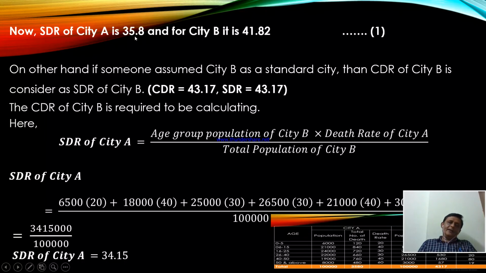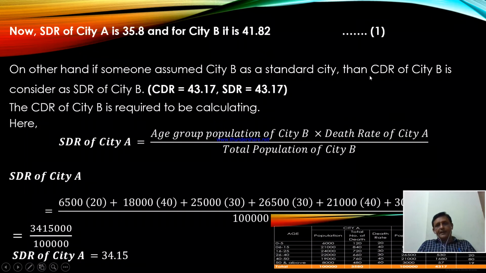Okay, fine. Someone is saying that, sir, if we are not interested to consider city A as a standard city, I am willing to work with city B as the standard city, then what? Yes, you are free to take. On the other hand, if someone assumes city B as a standard city, then what should we do?